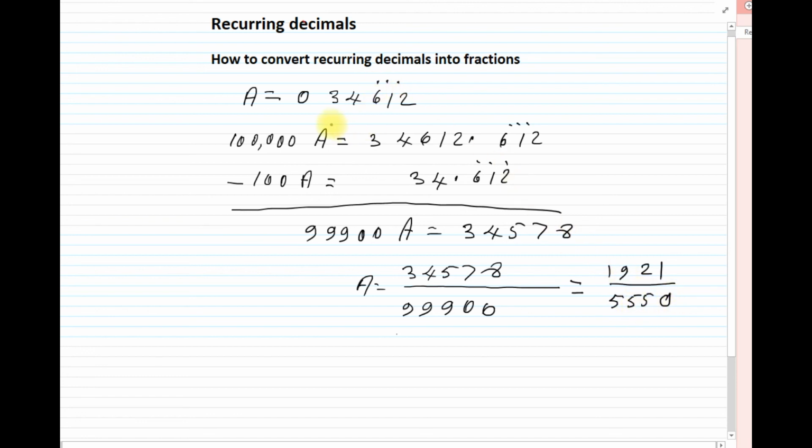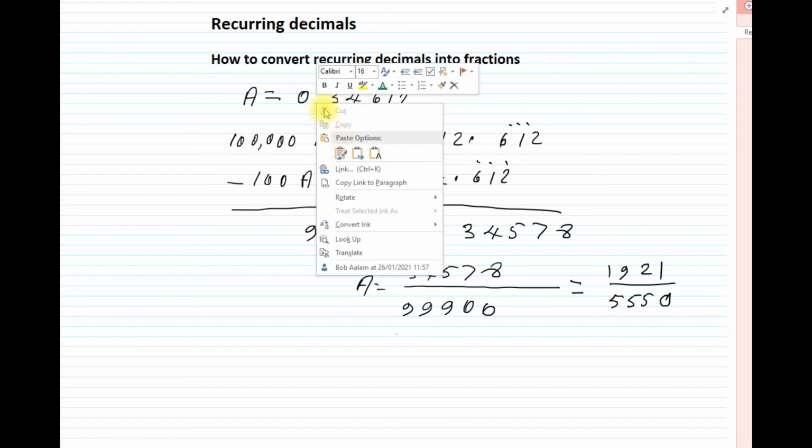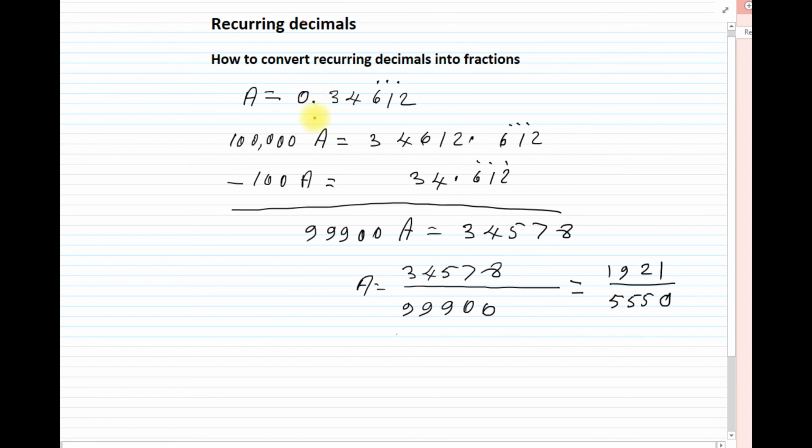So this recurring decimal 0.34612 recurring becomes 1921 divided by 5550.